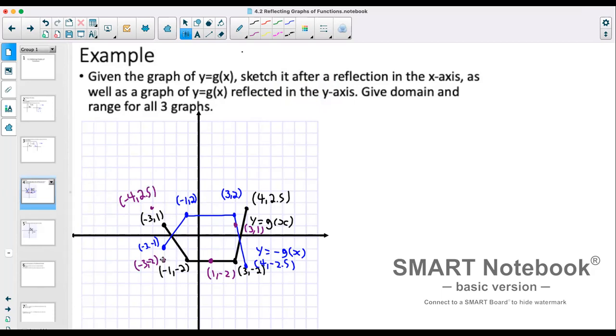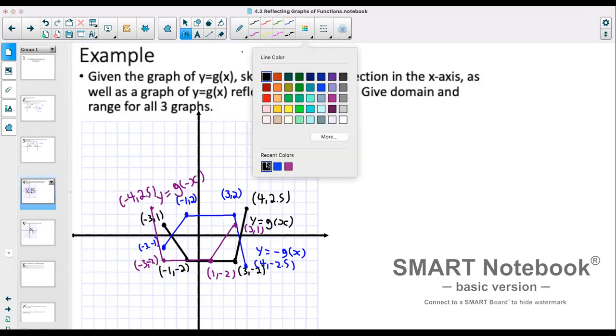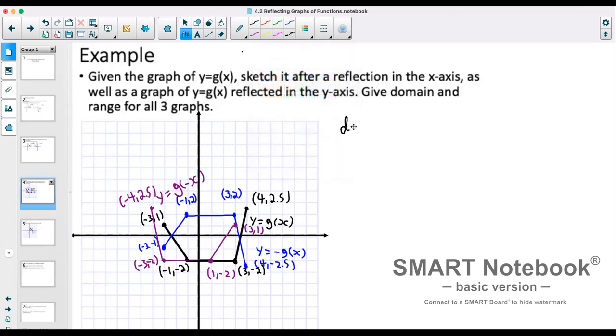So join those points. And we'll write out an equation first. So this would be y equals g of negative x. So next we'll look at the domain and range of all three graphs. So I'll just color code it. So black will be our original graph.